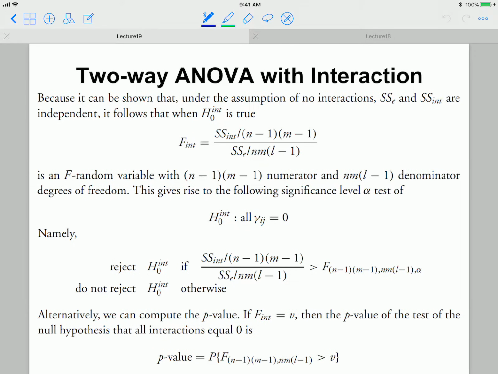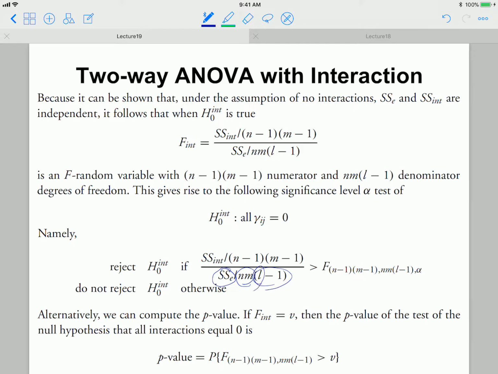Okay, and then finally we can obtain the test statistic for our hypothesis testing for the interaction term being all 0 or not. So we have SS of interaction over m minus 1 times n minus 1, and in the denominator the SSE over mn times L minus 1.